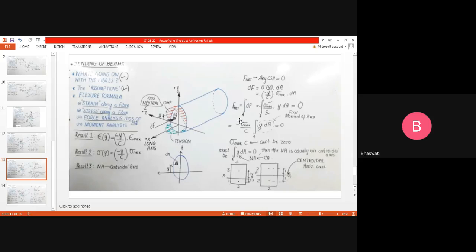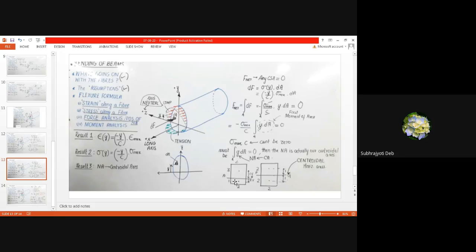I didn't understand how this value came. You are asking how I put these values 3, 1, 2. This is arbitrary, just for assumption.